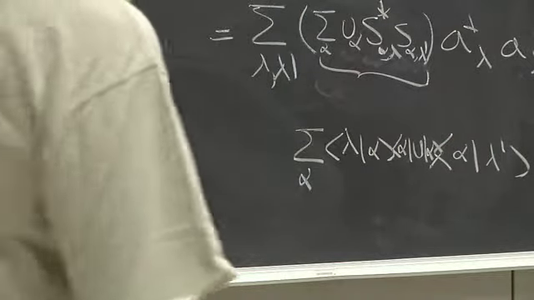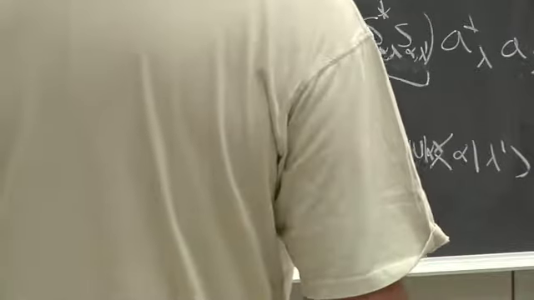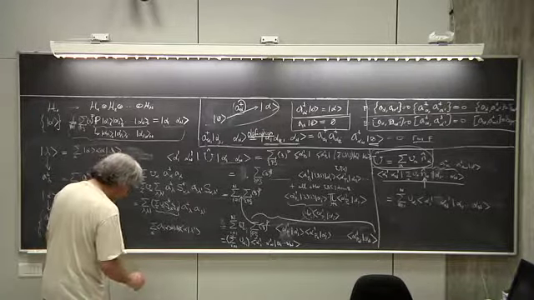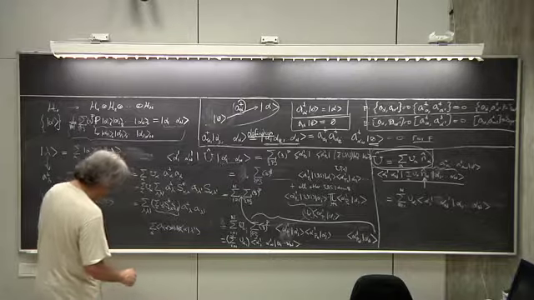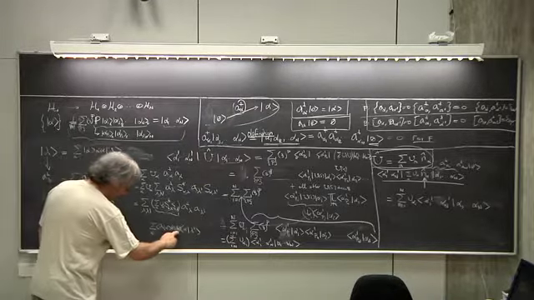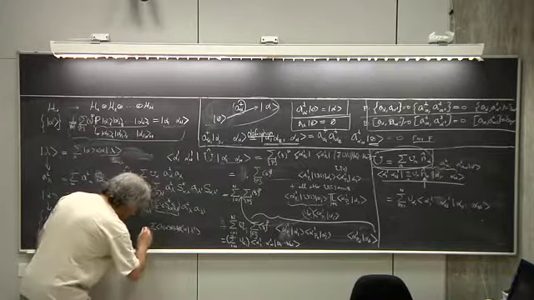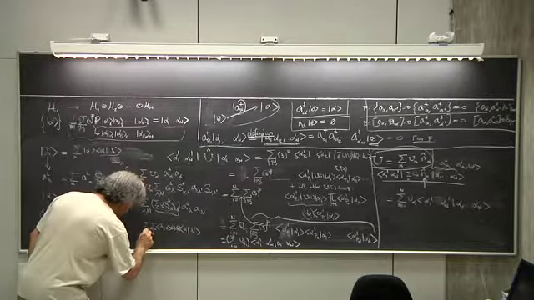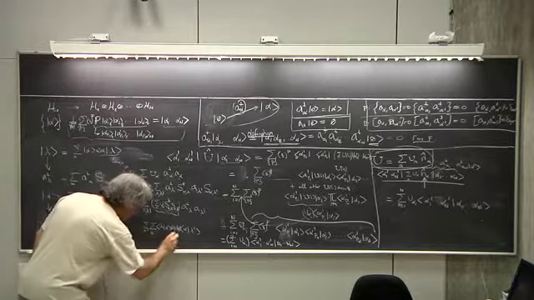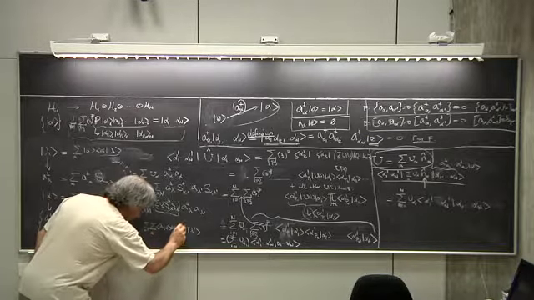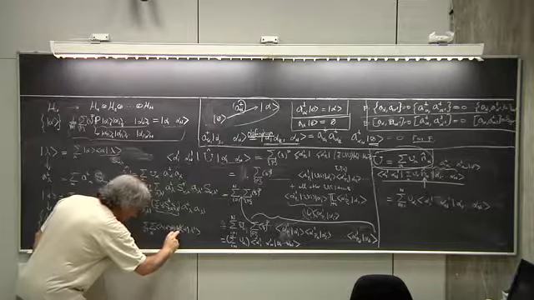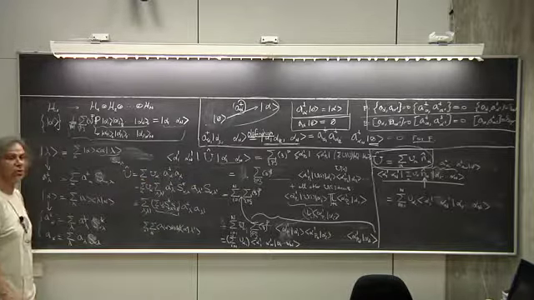Now, you see immediately that this object here is diagonal. So I could introduce a sum over two different alpha and alpha prime, and for instance write this as alpha prime, because this, after all, introduces a delta.